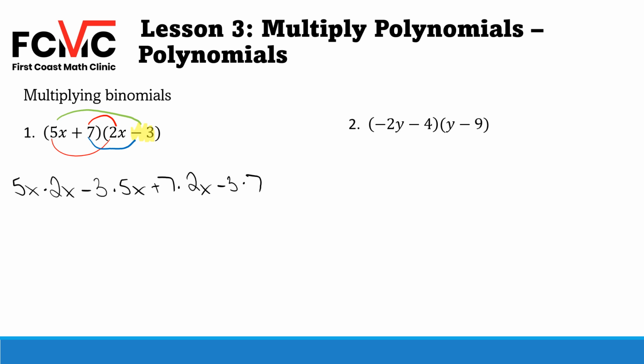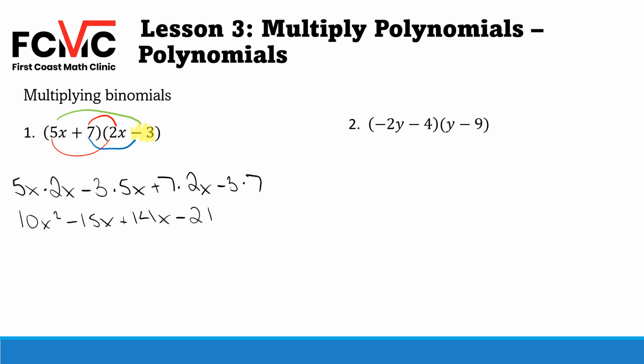All right, so now let's multiply these. 5x times 2x is going to give me 10x squared. Minus 3, or negative 3 times 5x is going to give me negative 15x. 7 times 2x is going to give me positive 14x. And then minus or negative 3 times 7 is going to give me negative 21.